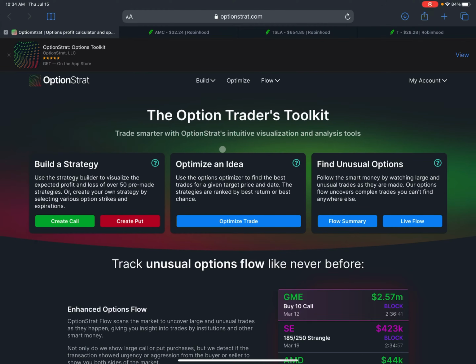Hey everybody, so today I'm going to be talking about a tool that I found is extremely helpful for me, especially if you're a new trader with options. I've been trading options for just under a year, and it's still hard sometimes to understand certain strategies like the iron condor, the butterflies, all that.